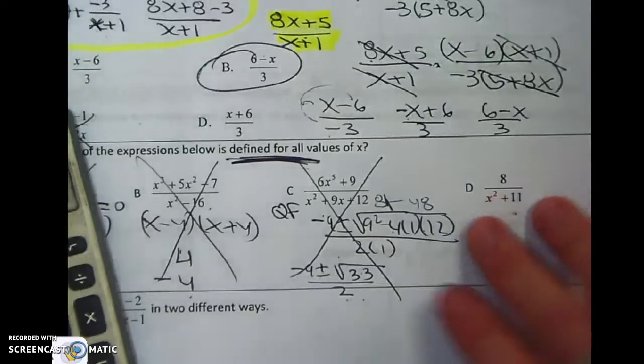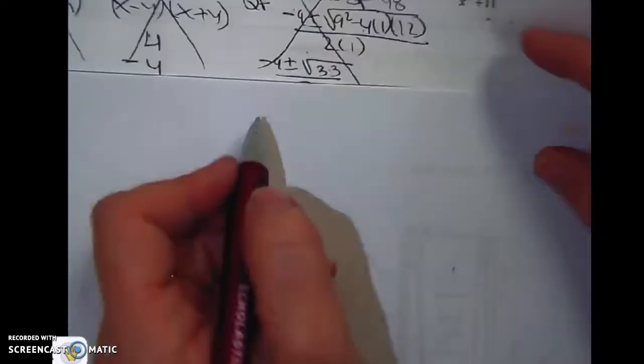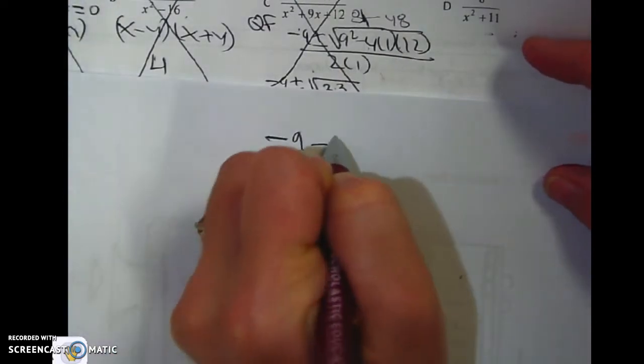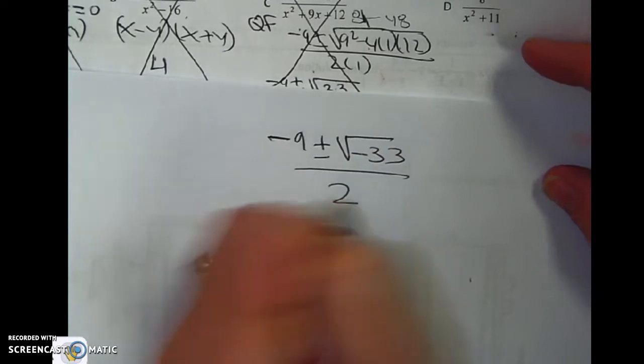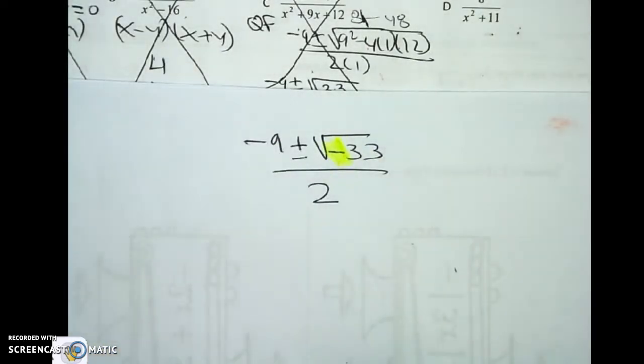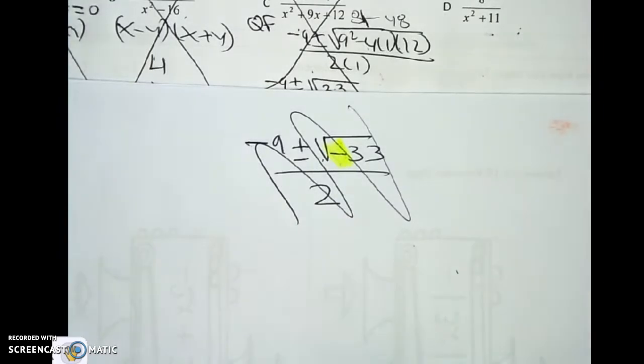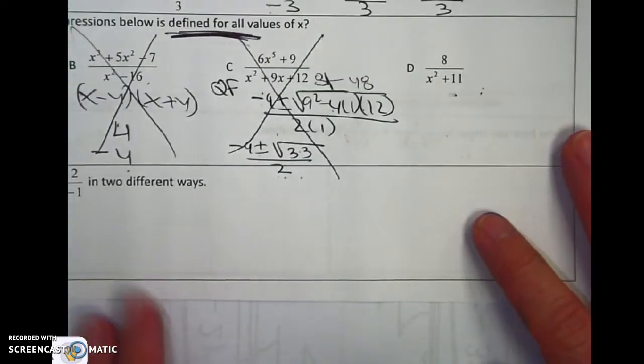Now, I will tell you, if you would have ended up getting negative 9 plus or minus the square root of negative 33 over 2, negative implies imaginary numbers. Imaginary numbers aren't real. So this doesn't count as a restriction, so that means it would have been C if that's negative. Okay, so now let's check the next one.